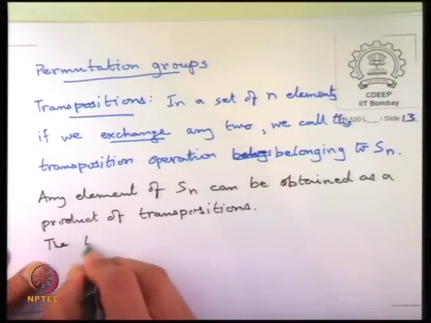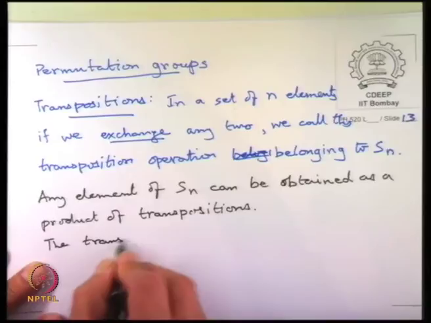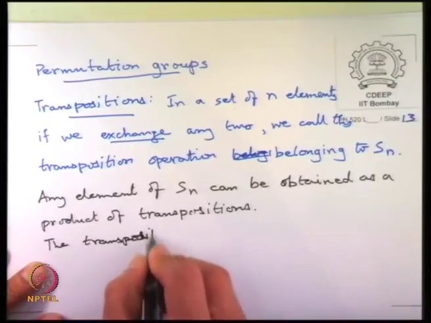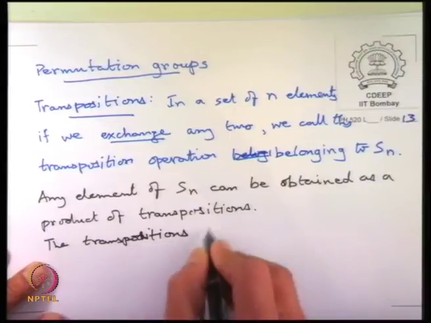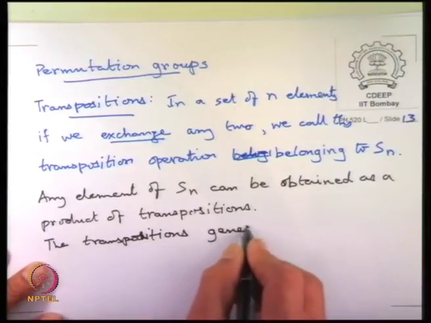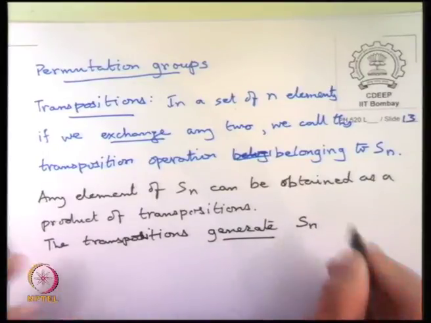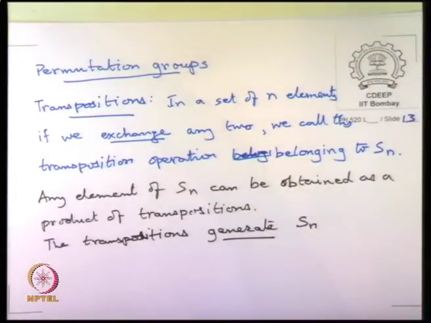The transpositions generate Sn. Because if you can think of any permutation, you can do it in a sequence of exchanging pairs. Now, given a particular permutation, if you start exchanging, you might sometimes end up taking a longer route.